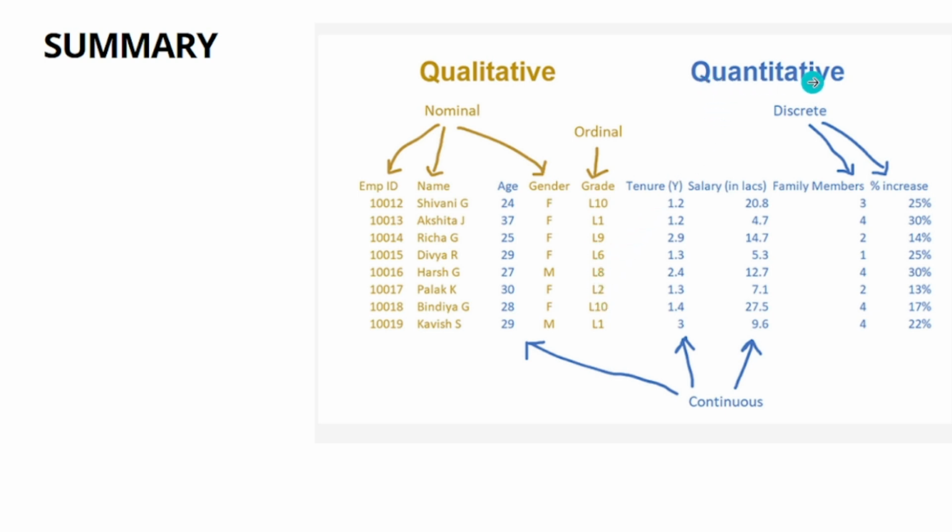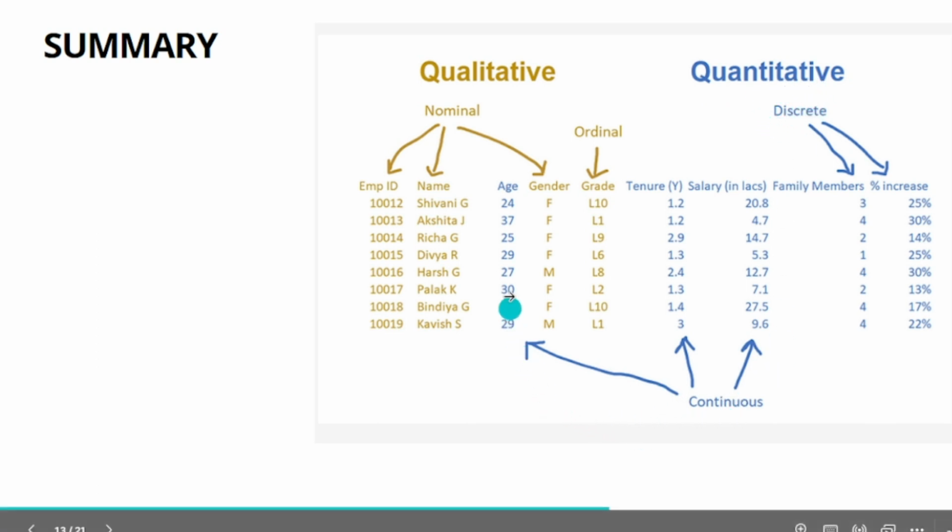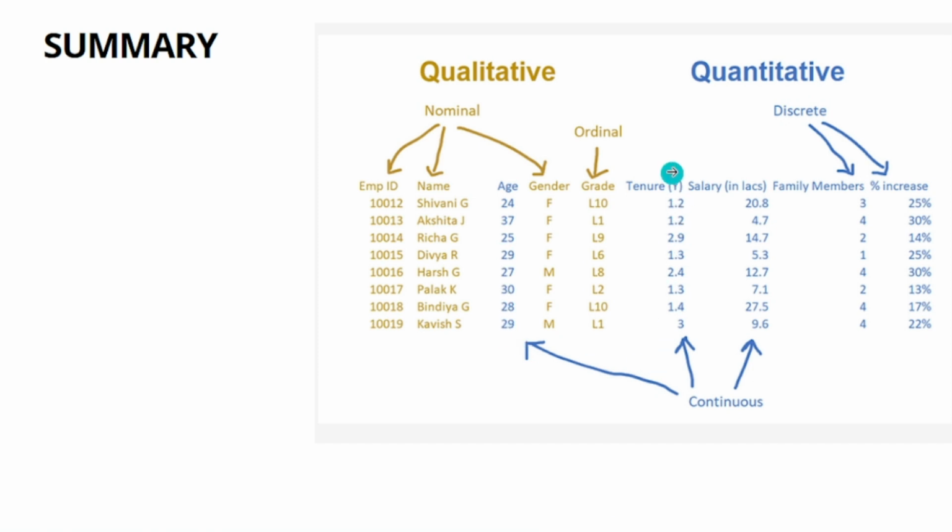Now the quantitative data, which is measurable, is divided into discrete and continuous types. You can see age, tenure and salary are all continuous in nature, because they can be subdivided into parts, whereas family members and the percentage of increase in income cannot be subdivided, so it is discrete data.